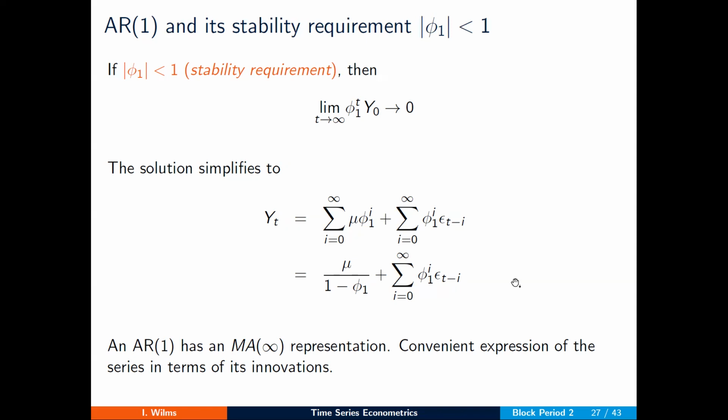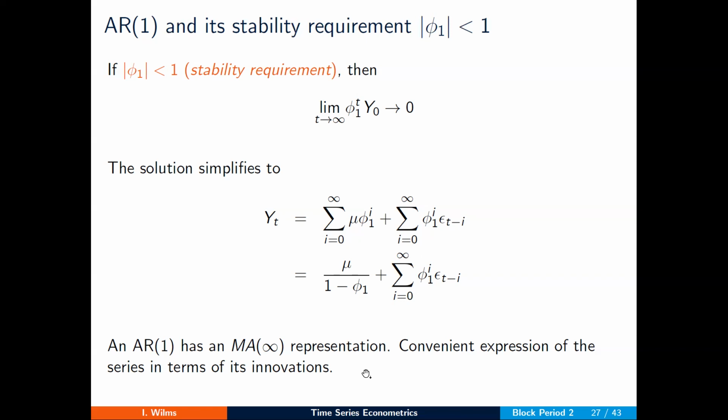But this is a model equation that reminds us of the one for moving average models, namely with infinitely many moving average terms included. And it is indeed the case that an AR model can be rewritten in terms of its moving average representation, where the MA parameters are given by the powers of the AR1 parameter.